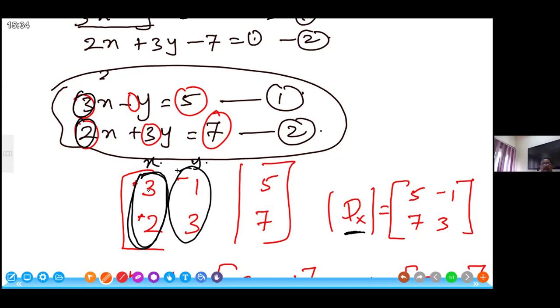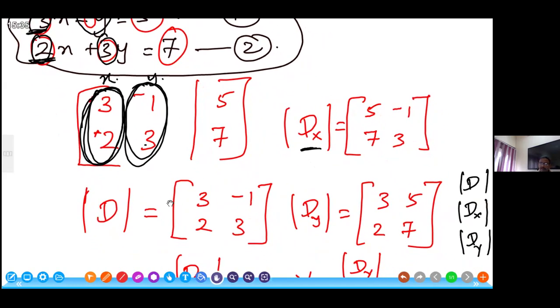So we work with the coefficients. These coefficients are x coefficients, this is 3 and 2. These coefficients belong to y, that is here -1 and +3. Right?